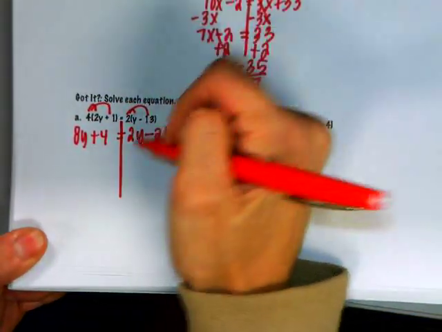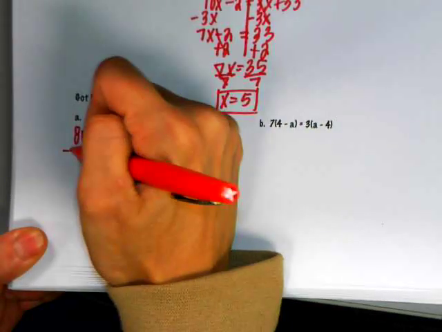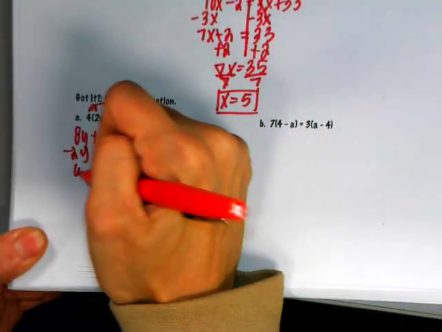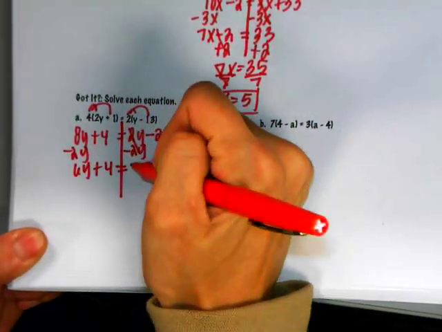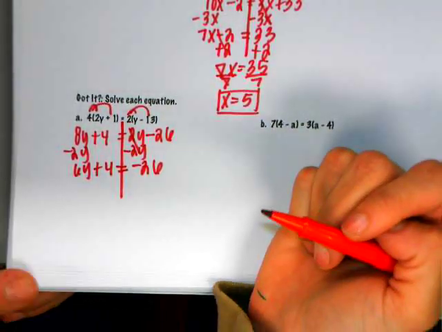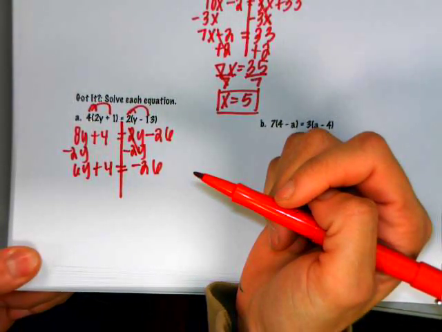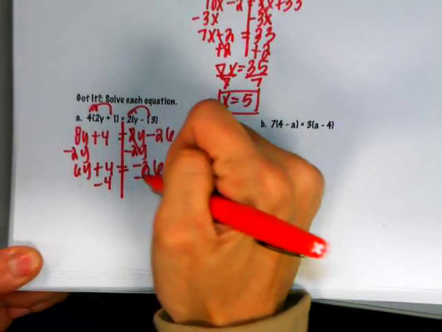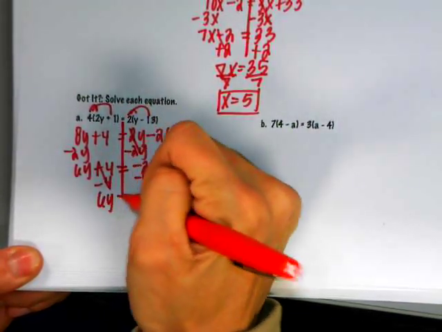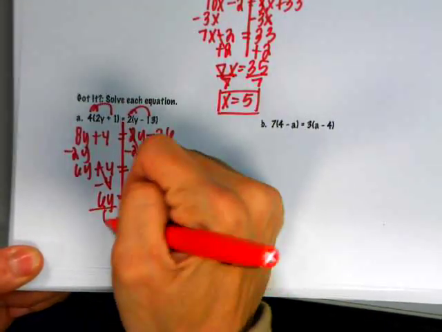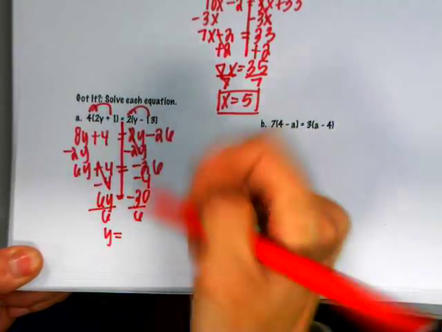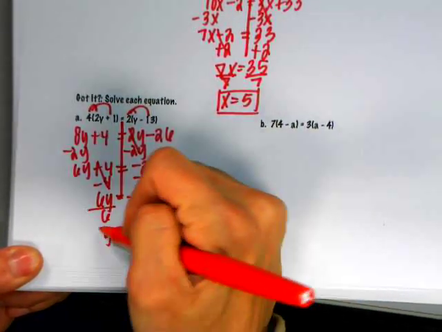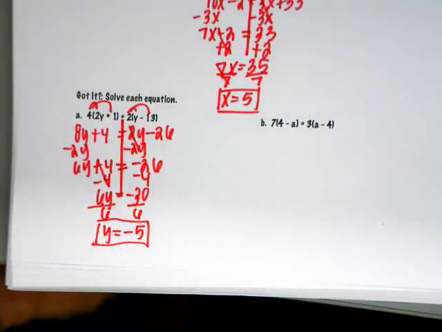How do we do that? Yep, minus 2y. So 6y plus 4 equals negative 26. And then what? Minus 4. So you get 6y equals negative 30. So y equals what? Okay.